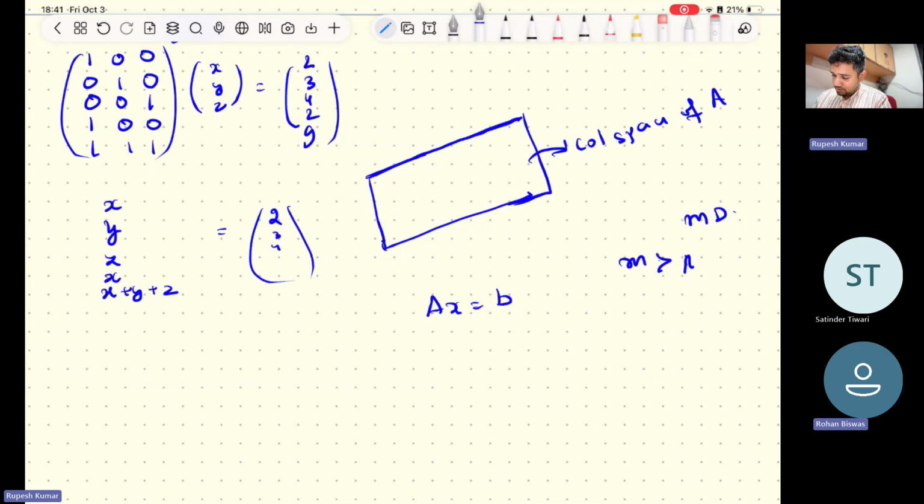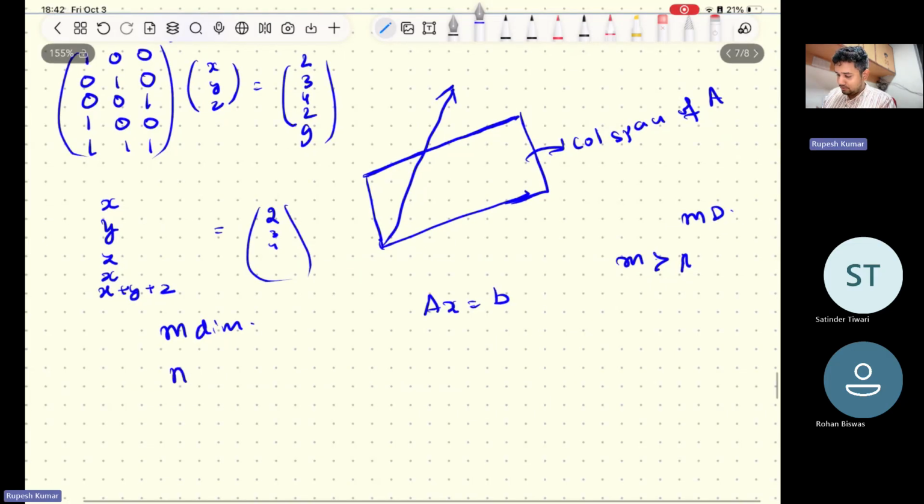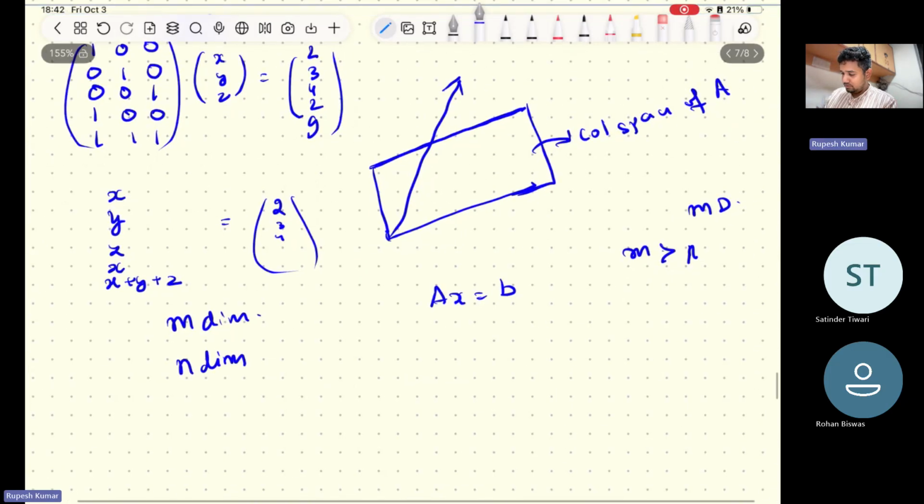So let's see how it looks. You have an m-dimensional output space, and the input space is n-dimensional.